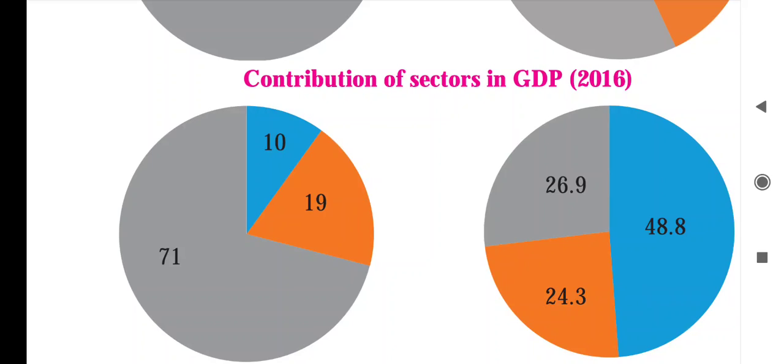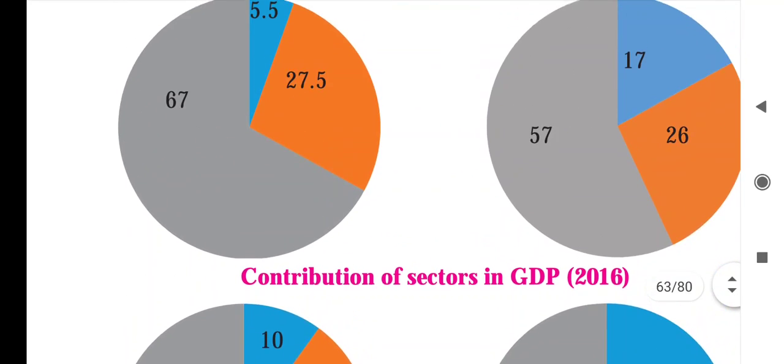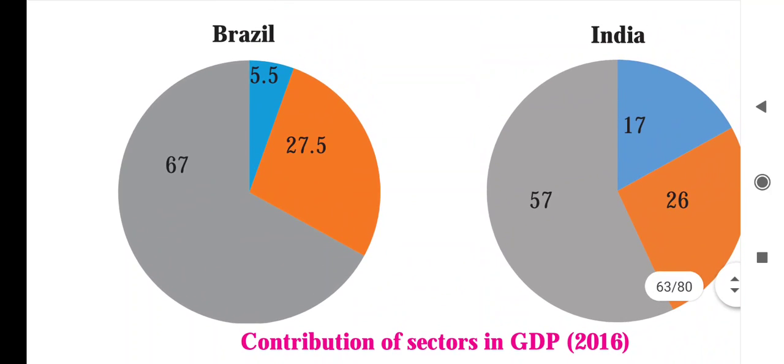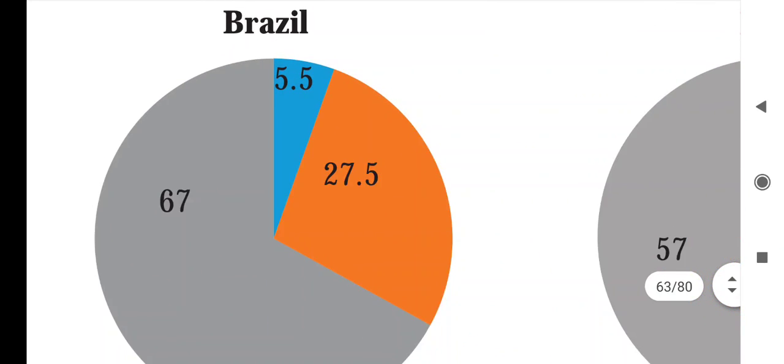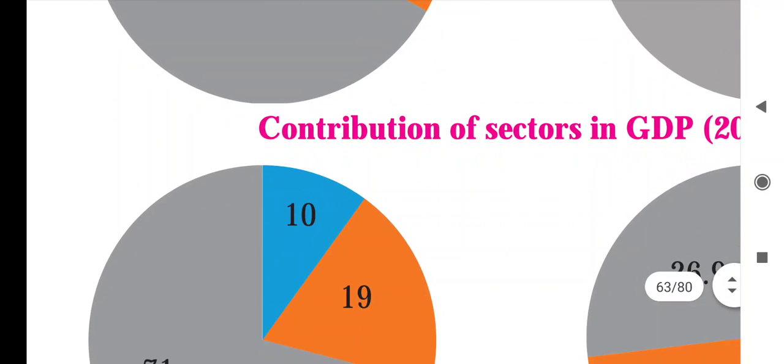So that is the first reason. So that's why we cannot say Brazil is an agrarian country. Number two, in India the share of primary activities in GDP is 70%, and on the other hand the share of primary activities in Brazil is just 5.5%. So that's why we cannot say that Brazil is an agrarian country.